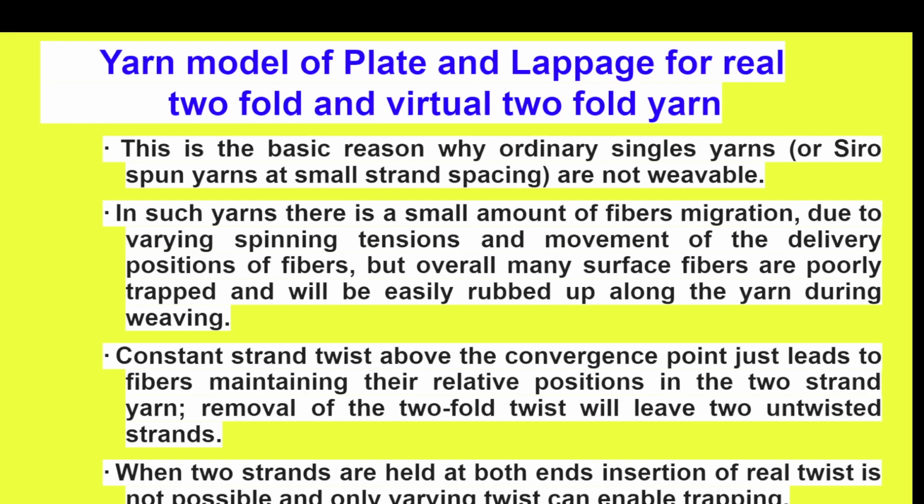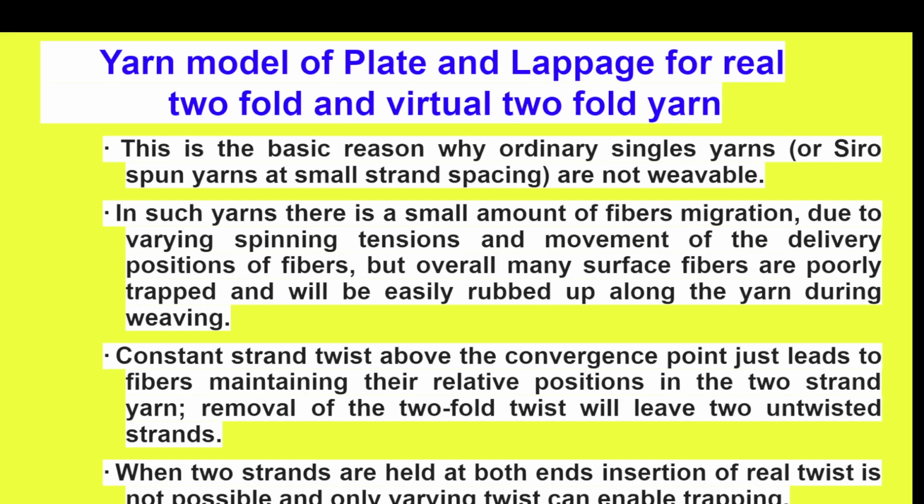In such yarns, there is a small amount of fiber migration due to varying spinning tensions and movement of the delivery positions of fibers, but overall many surface fibers are poorly trapped and will be easily rubbed up along the yarn during weaving.